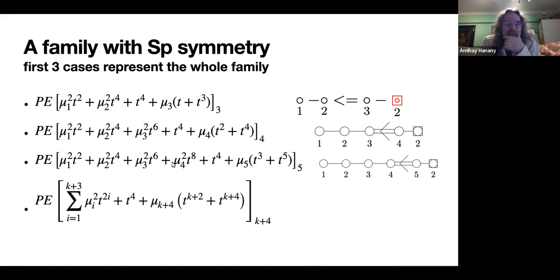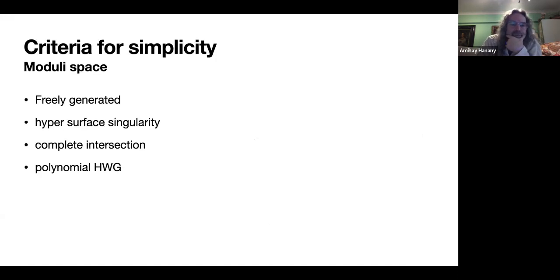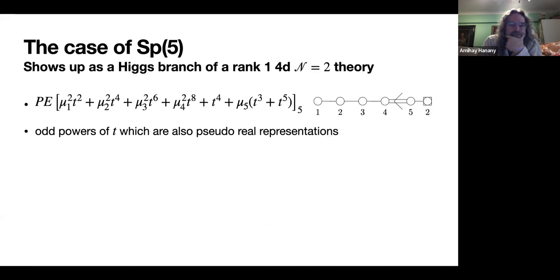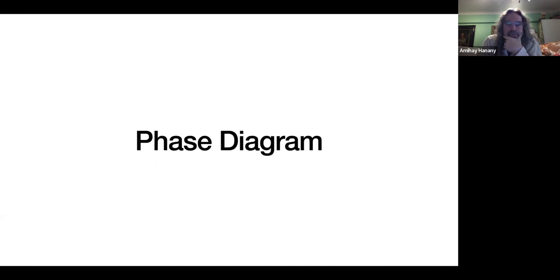And the cases k greater than 0, this is the first one, we will have some non-trivial moduli spaces, but all of them have a polynomial PE, polynomial highest weight generating function. Okay, I'm done with going over this. Any questions about what we said so far?